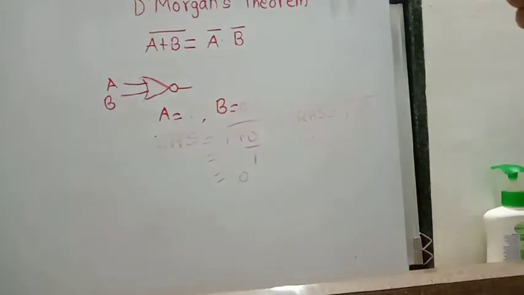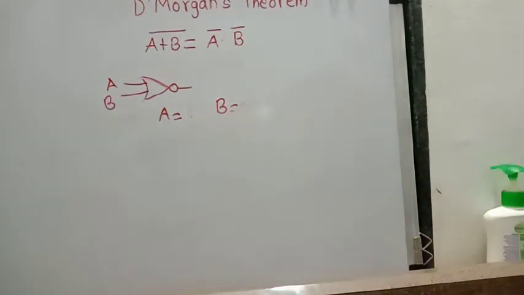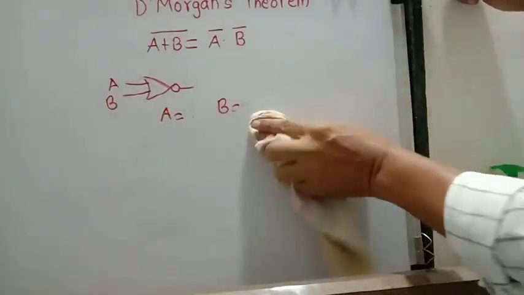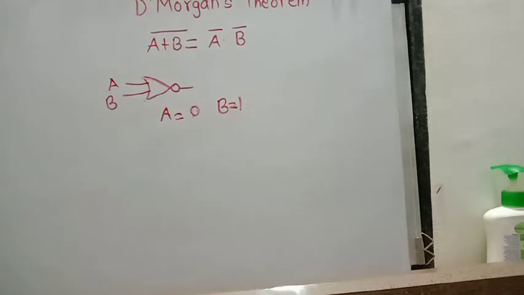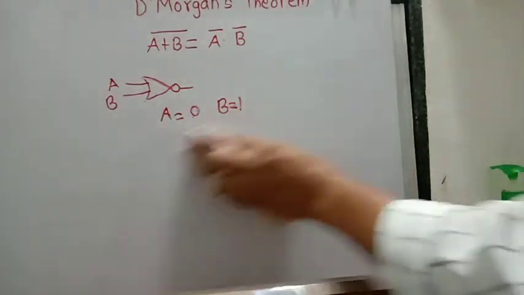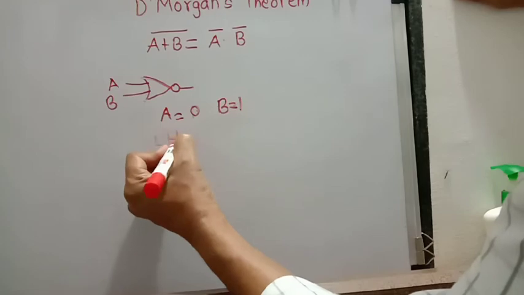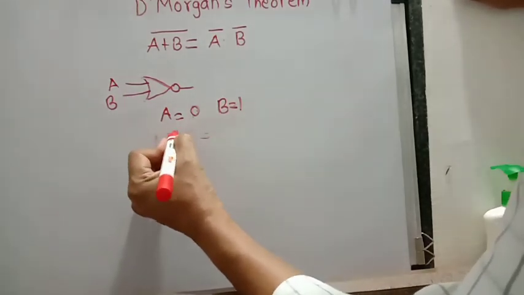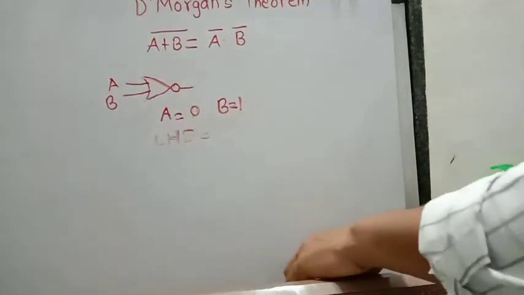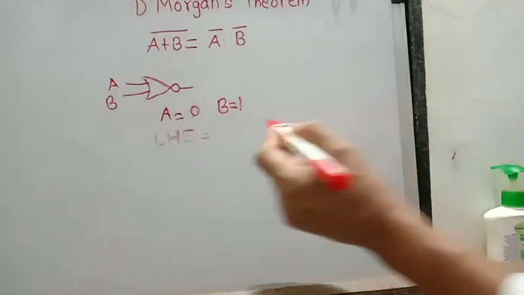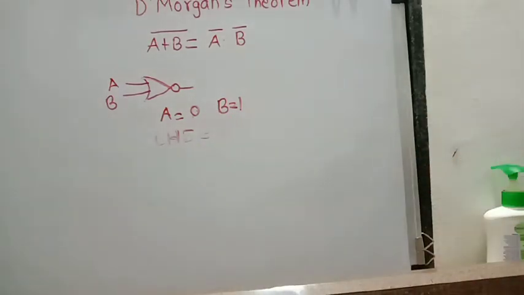Now third case, when A is equal to 0 and B is equal to 1. LHS is equal to A plus B bar.